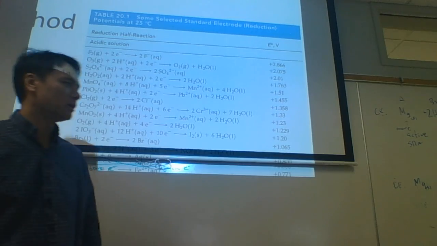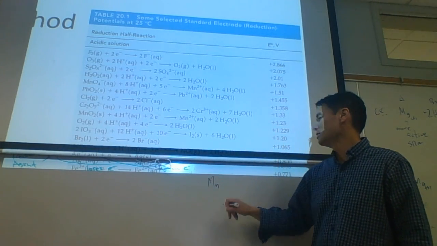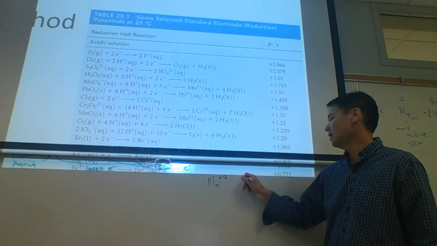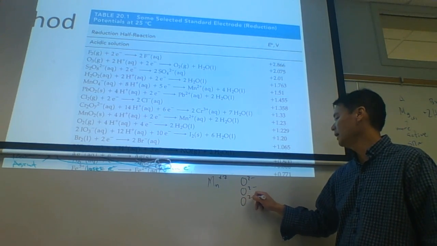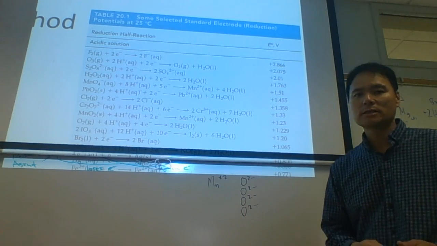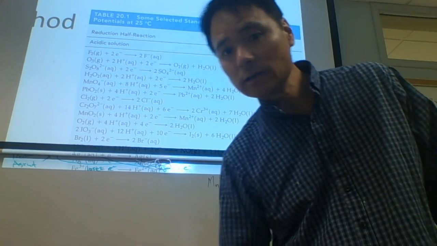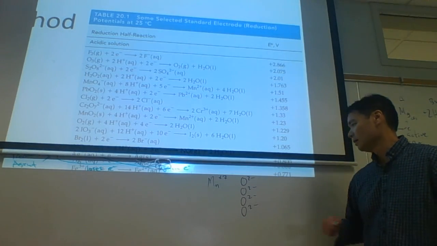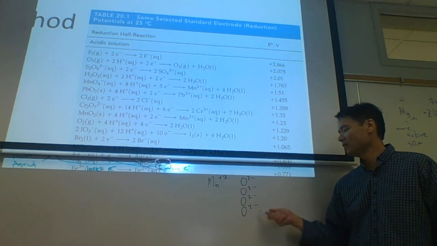When we look at manganese, it's manganese in the +7, and then we have 1, 2, 3, 4 oxides. That negative charge is a result of these oxygens.